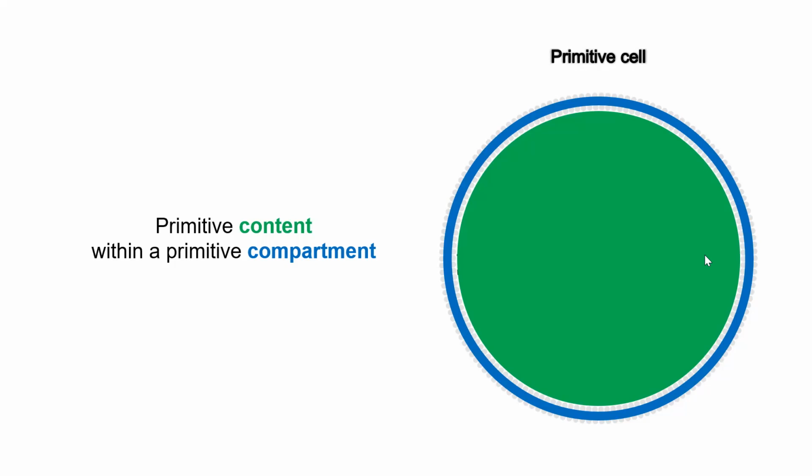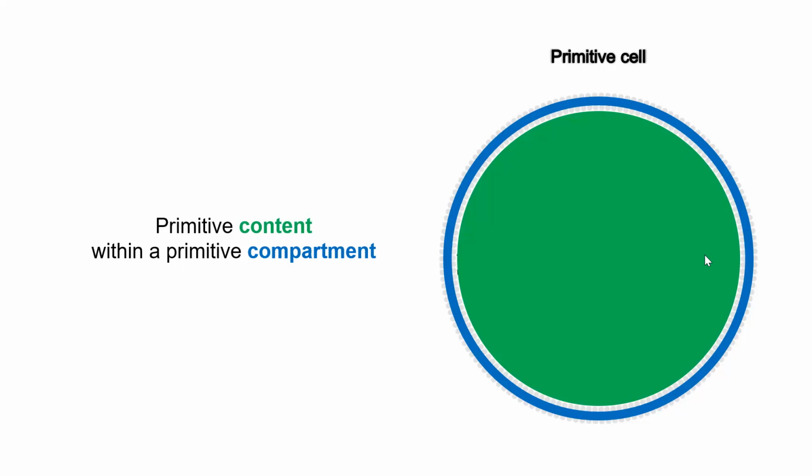And you can see that now I'm being very, very vague, and that's intentional because there's a lot that can affect primitive cells and their formation and their composition. And what's important is that among all the different chemicals and molecules that were likely available on early Earth, the structure, the composition, the shape of the molecule will determine if that molecule will be part of the primitive content or of the primitive compartment.